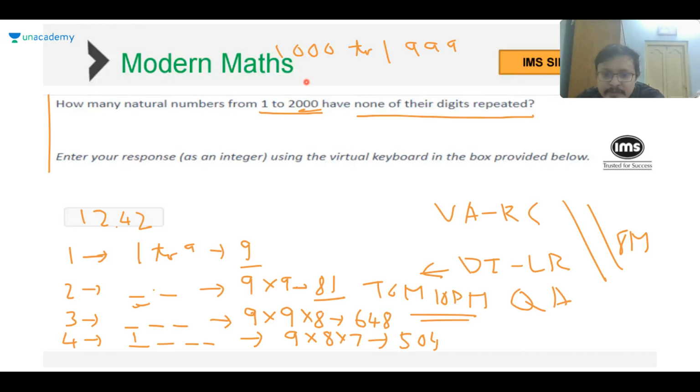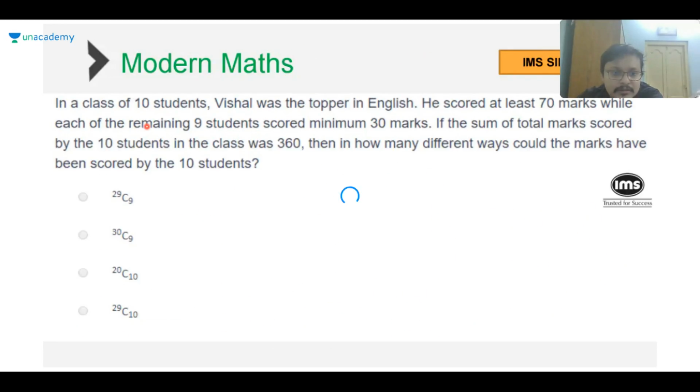So 2002 will not be counted. So basically you're saying first digit is always going to be 1. Is this clear to everybody? 1242. Let's move on to the next question.